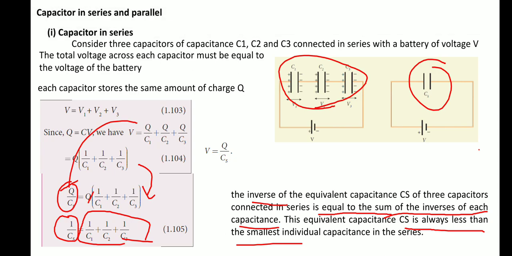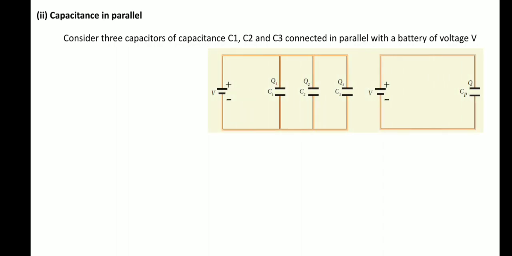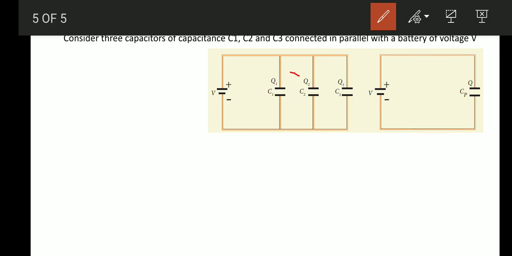The next one, the capacitance in parallel. Consider in the same way that capacitors C1, C2, C3 are connected in parallel, like this in the diagram, and each capacitor carries a different charge. In the previous case I told you each capacitor carries the same charge, but in this case each capacitor carries a different charge, but the potential will be the same.